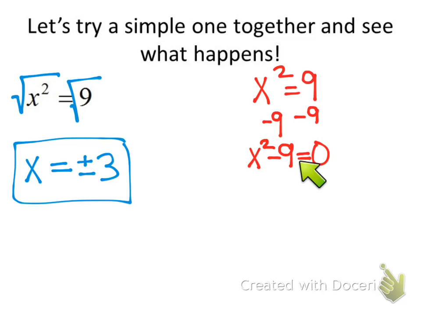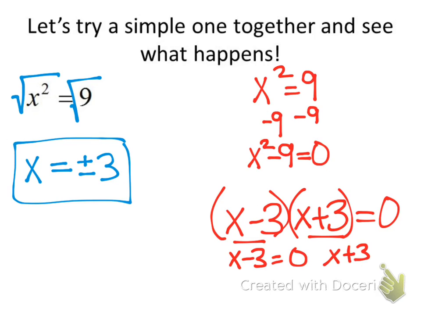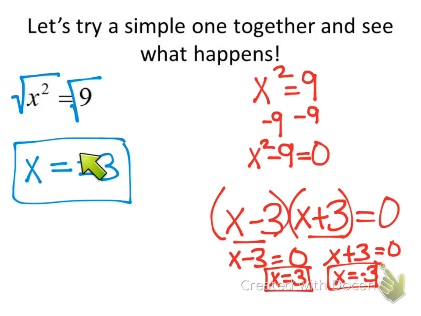Is this something you know how to find the answer to? x plus 3, x minus 3. Set them each equal to 0 and solve. Is this ringing a bell? A lot of you did very well on this part of the test, the difference of two squares. Our solutions last chapter when we did this problem were positive 3 and negative 3. Holy cow, it's still positive 3 and negative 3.